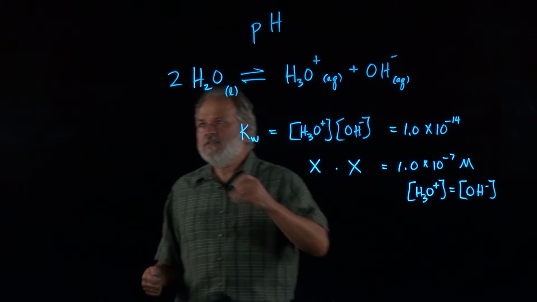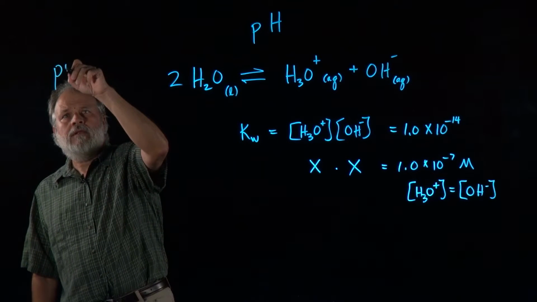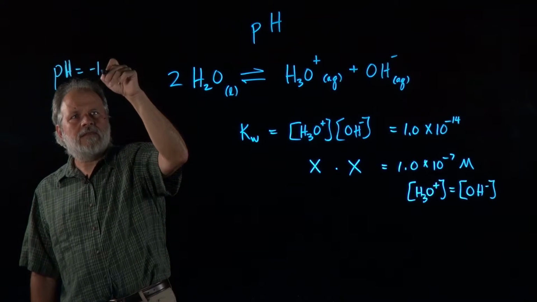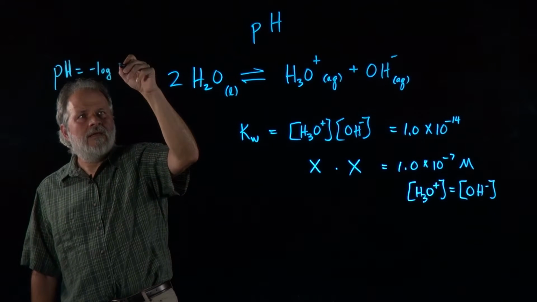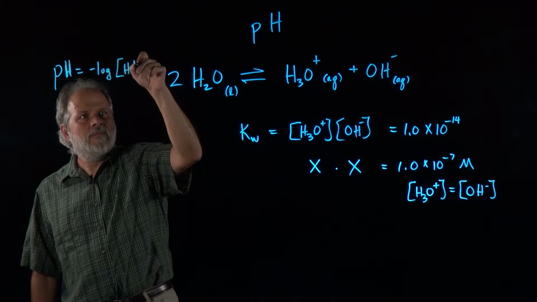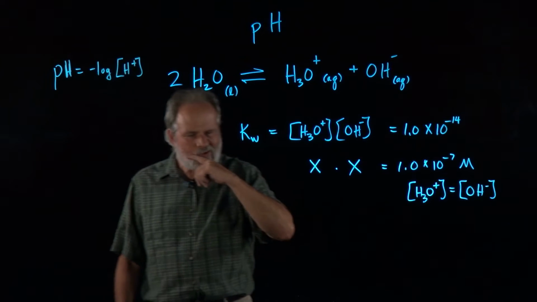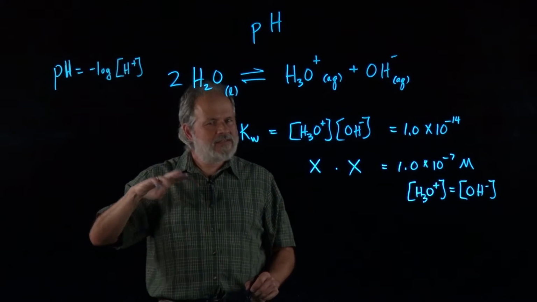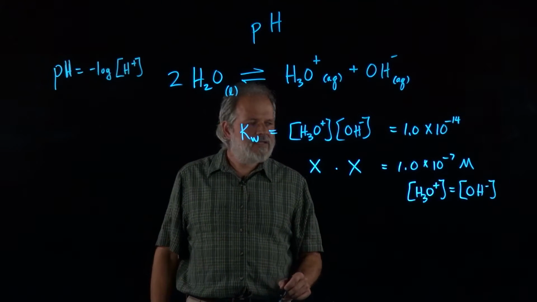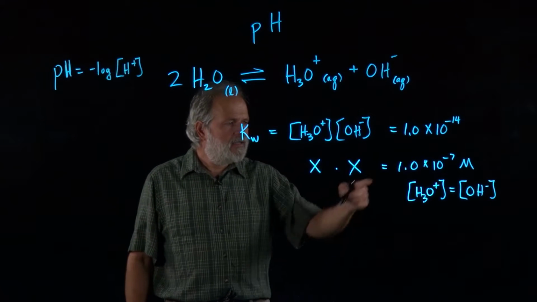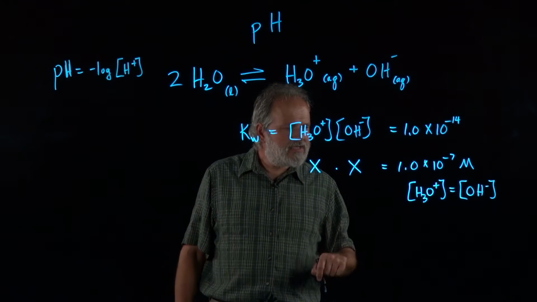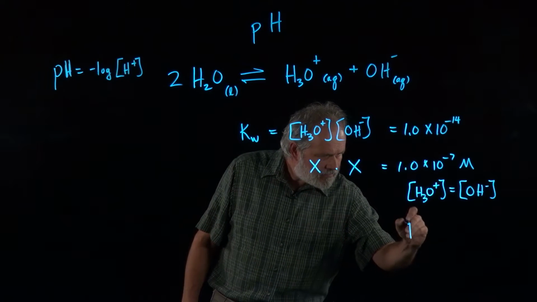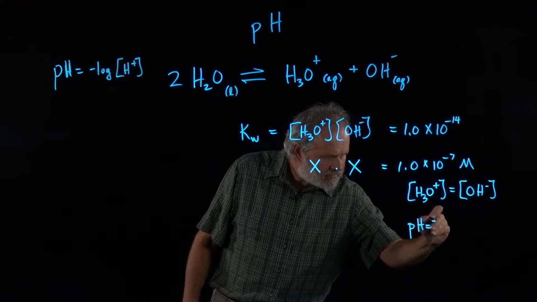So the definition of pH is minus the log, base 10, of the hydronium, which we'll call H plus because I want to emphasize this H is this H plus. It's not anything else. All right, and so the pH, the minus log of 10 to the minus 7, pH equals 7.